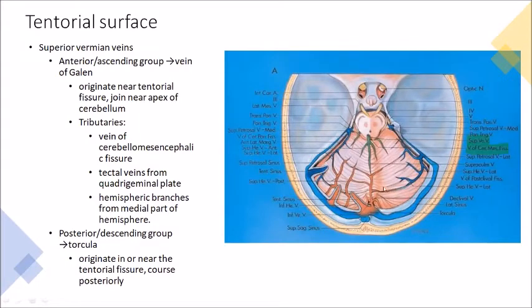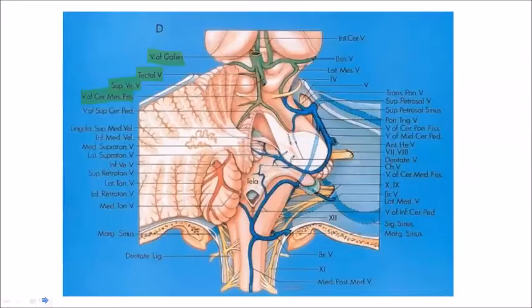This is the tentorial surface diagram. This is the posterior view of the brainstem, where we can clearly see the superior vermian veins supplying the anterior part of the vermis of the tentorial surface, and a tectal vein joining this and draining into the vein of Galen.